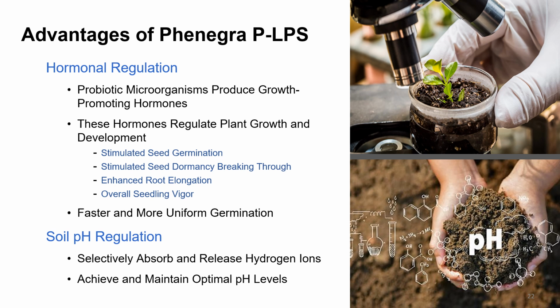So soil pH regulation is also crucial, right? When you have the right microbes, it selectively absorbs and releases hydrogen ions. It achieves and maintains optimal pH levels. Well, if you don't have those microbes in there, well, now you're going to be subject to more fluctuations. But the key really is you're like raising all these zombie plants, and the plants aren't healthy and they're somewhat sick, but you now have to still feed them, and they have a good appetite.